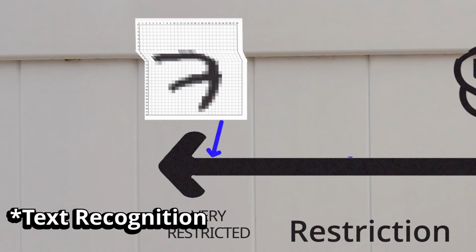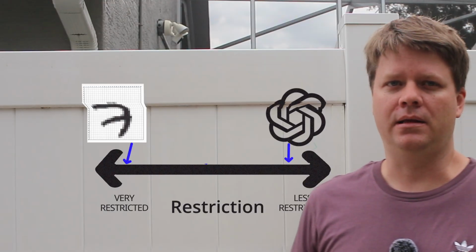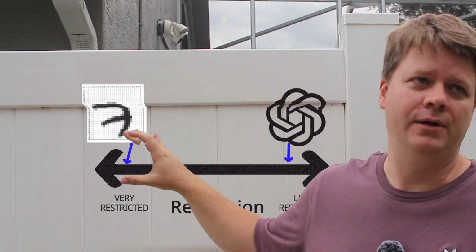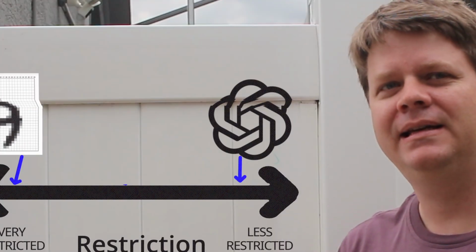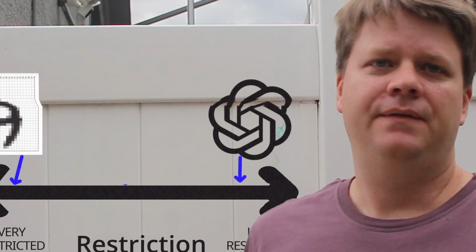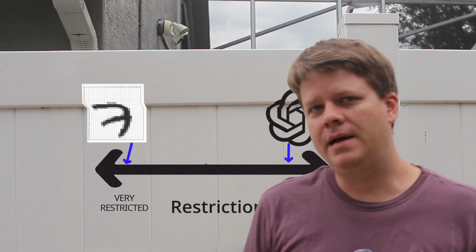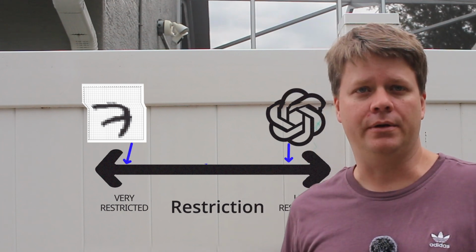For a text classifier, the output is very restrictive. It gives probabilities of a number or letter being a letter or number. For example, what's the probability of this being a 7? For ChatGPT, the output is not restricted. So similar prompts can give you multiple novel outputs. Keep in mind that the novelness of the output is usually unrelated to the size of the output.